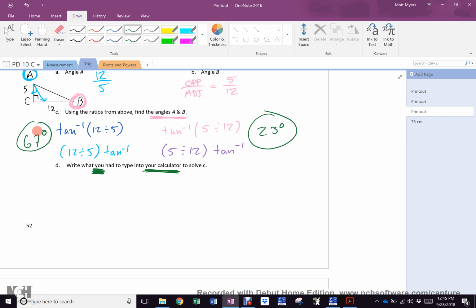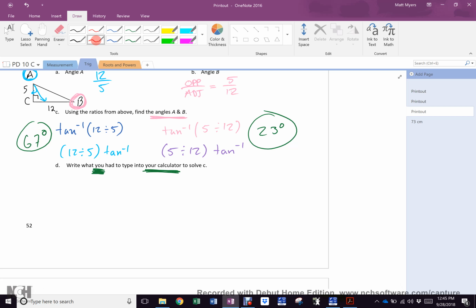The actual buttons you pushed. Because by the time we do the 50,000th one of these, somebody in one of my classes is still going to be asking, why do I push that? Which makes me a little bit frustrated. So write down what you did.